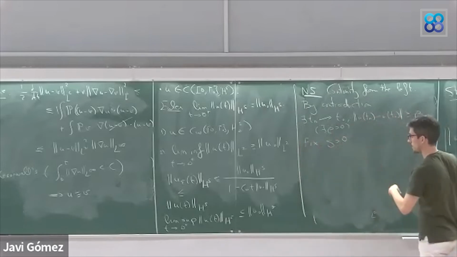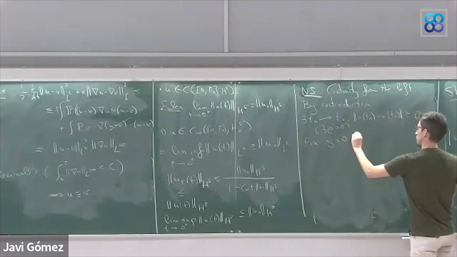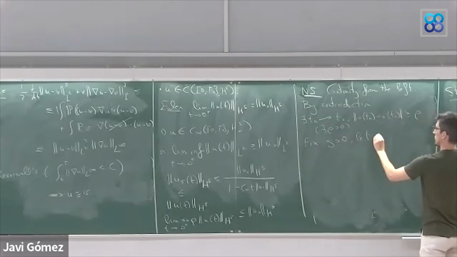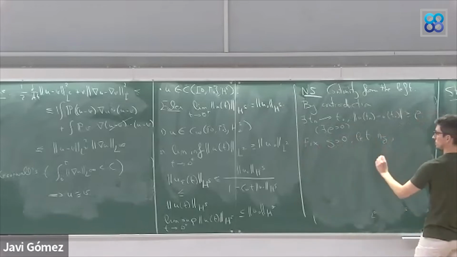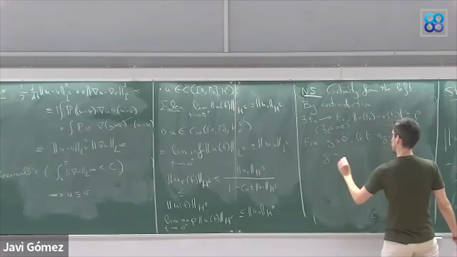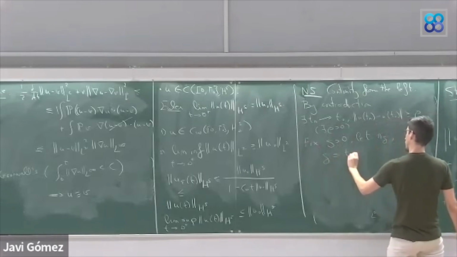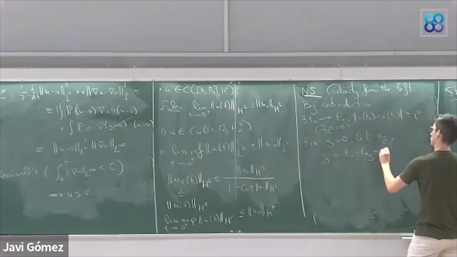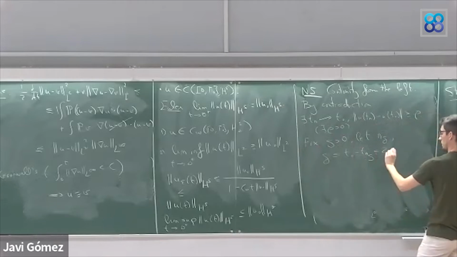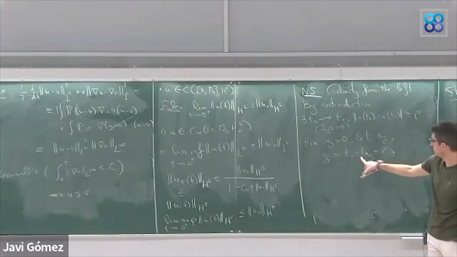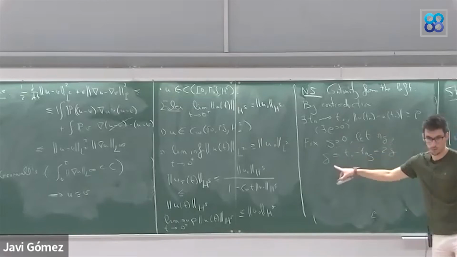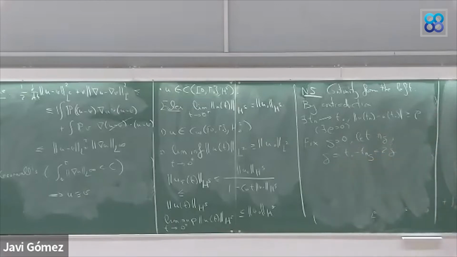some delta arbitrary and choose some n so that, okay, basically let's choose a t which is very close to t0 and we control it by delta.